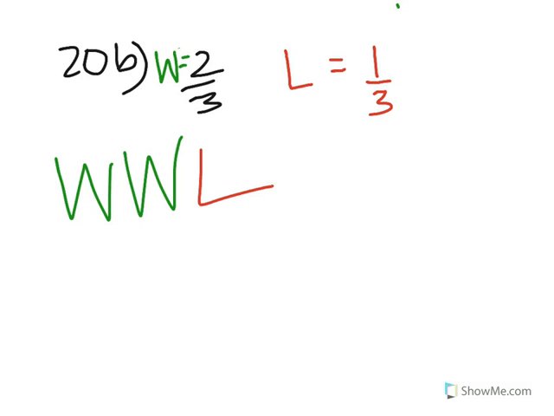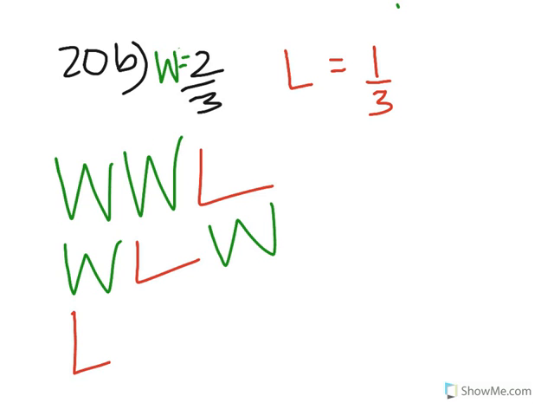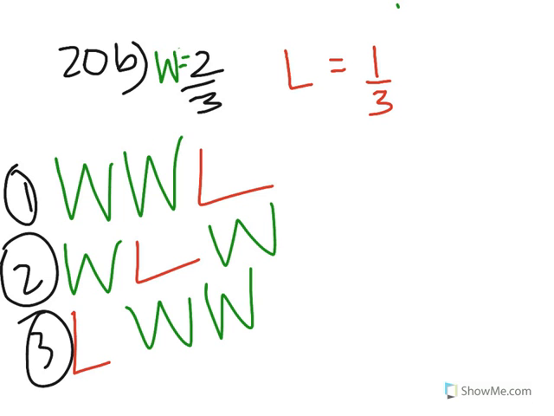Another possibility is that she wins, then she loses, then she wins, and again, she's basically won 2 out of 3 games. And another possibility is she loses the first game, then she wins the second 2. So these are the 3 possibilities that could happen, 1, 2, and 3.